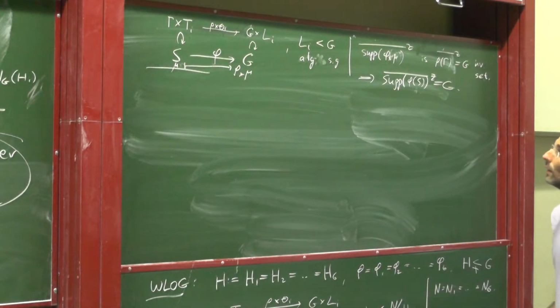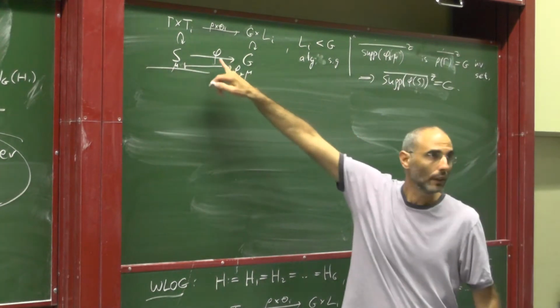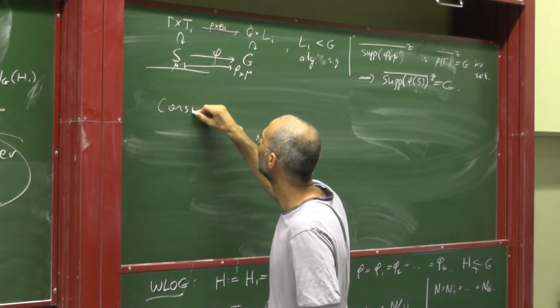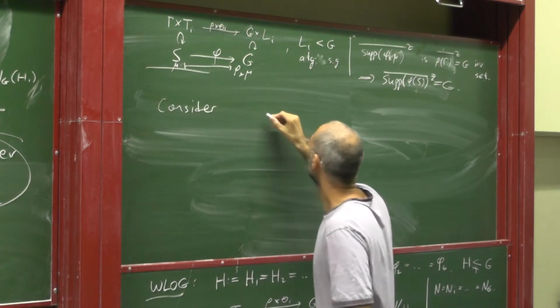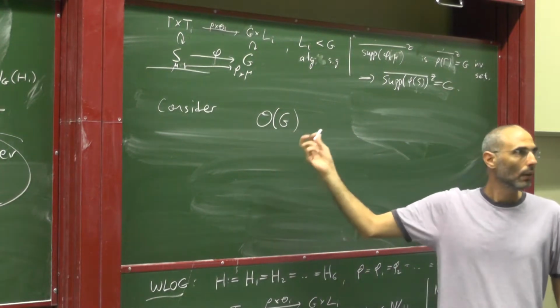Now, as I said earlier, I want to consider the effect of phi on function spaces. So consider O of G. What is O of G?